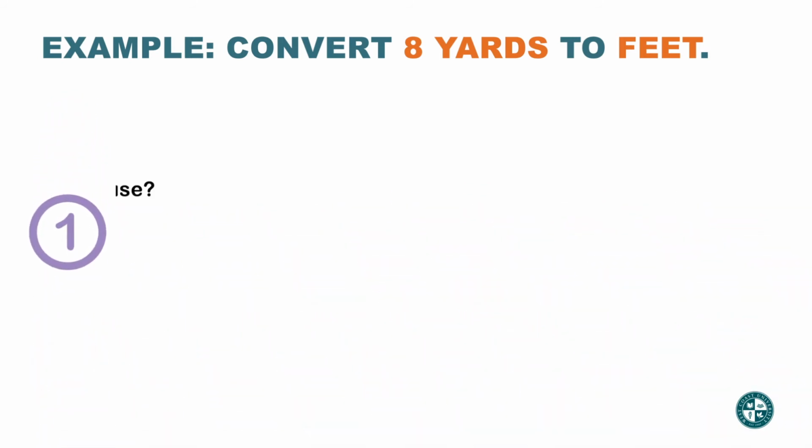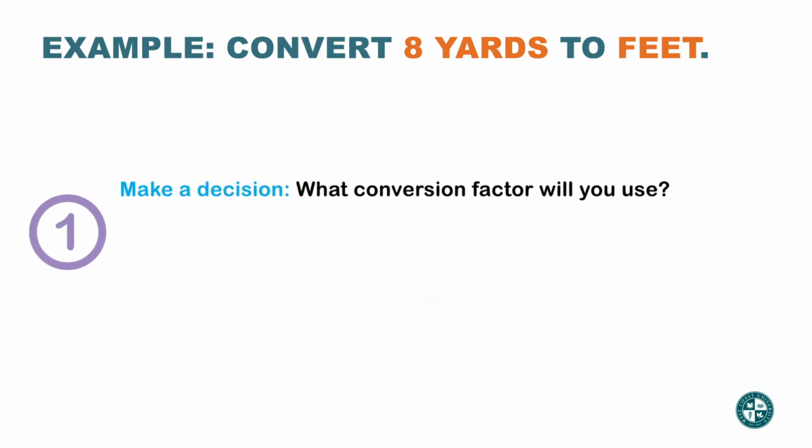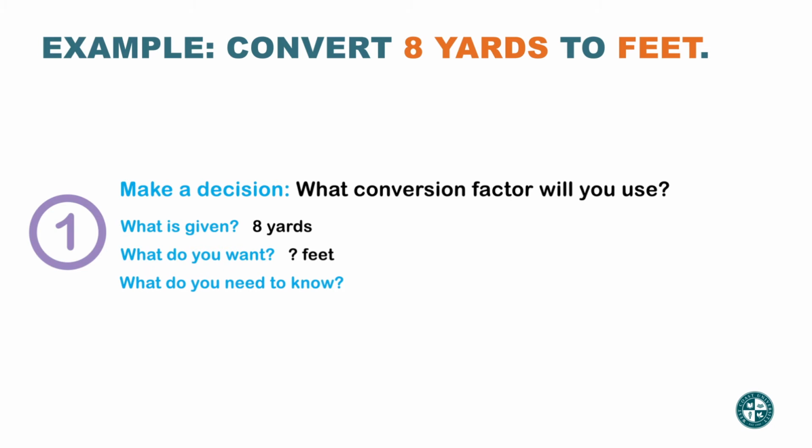I had to start making decisions about what I'm going to use to convert 8 yards to feet. So the first thing I need to ask myself, what is given? Well, I was given 8 yards. What do I want? Well, I want to know how many feet are in 8 yards. What do I need? Well, I need to know how many feet are in a yard, or vice versa.